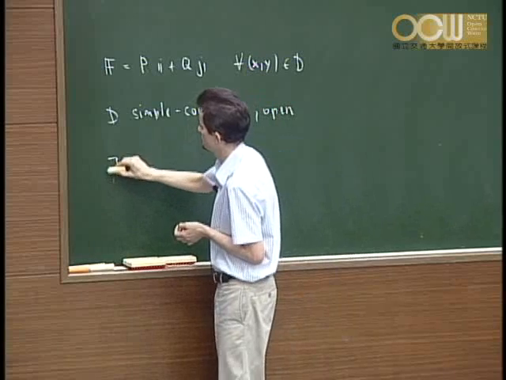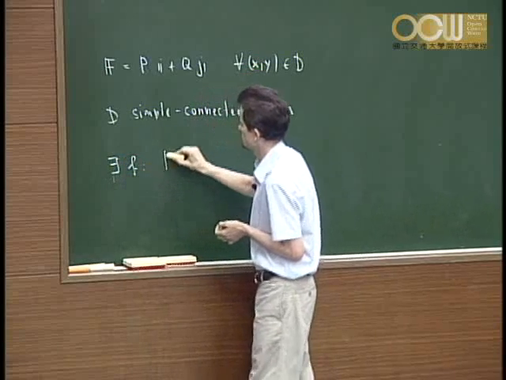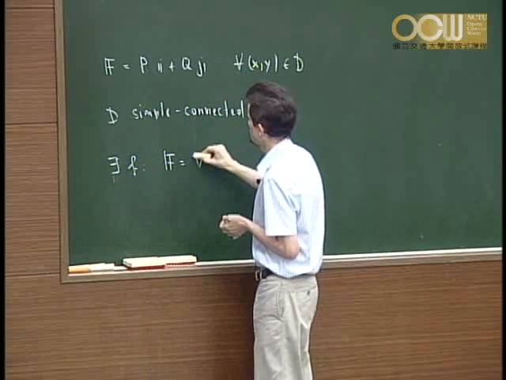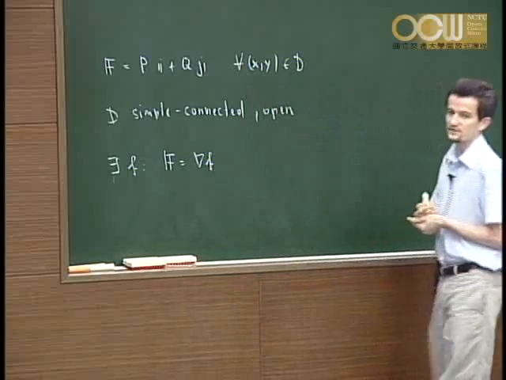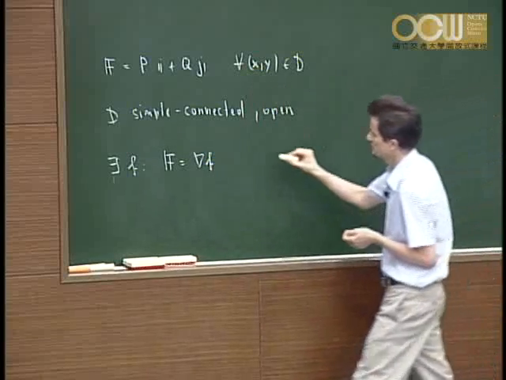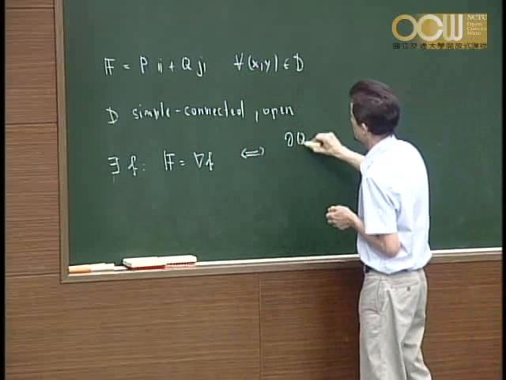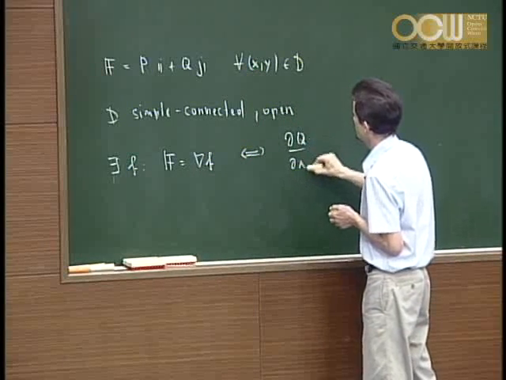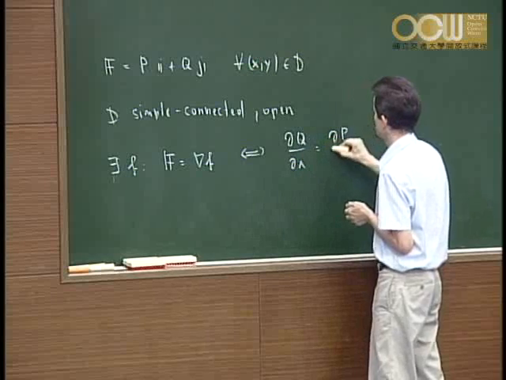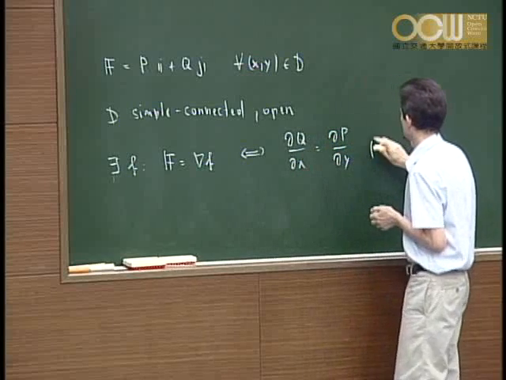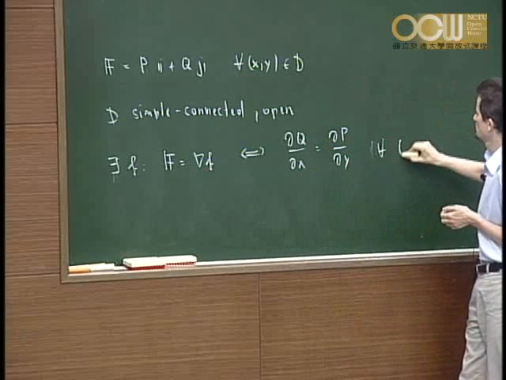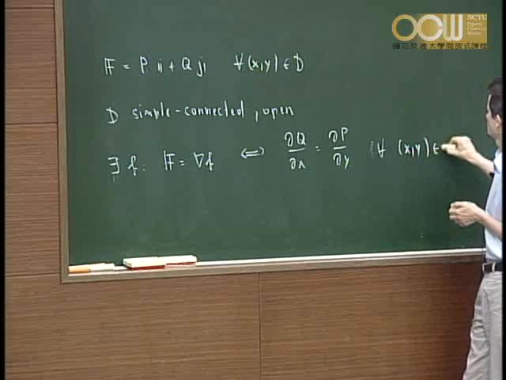This can be written: there exists an f such that F is the gradient field of f if and only if we have this condition here. The partial derivative of Q with respect to x is equal to the partial derivative of P with respect to y for all (x,y) in D.